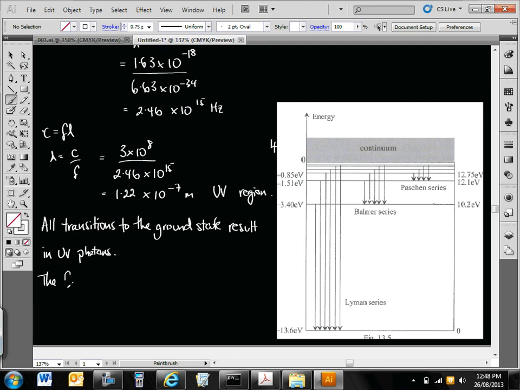The 4 lowest energy transitions to the first excited state result in visible photons.